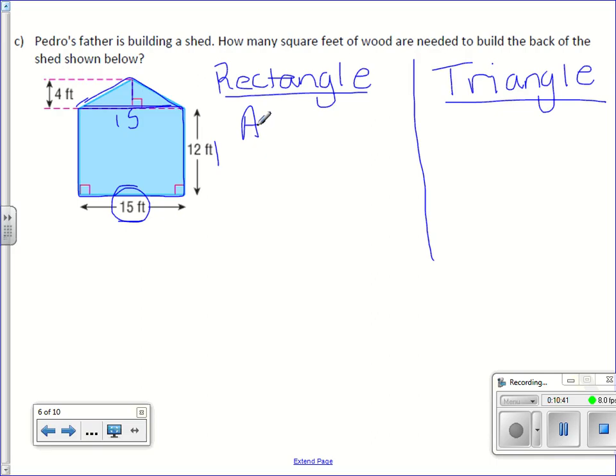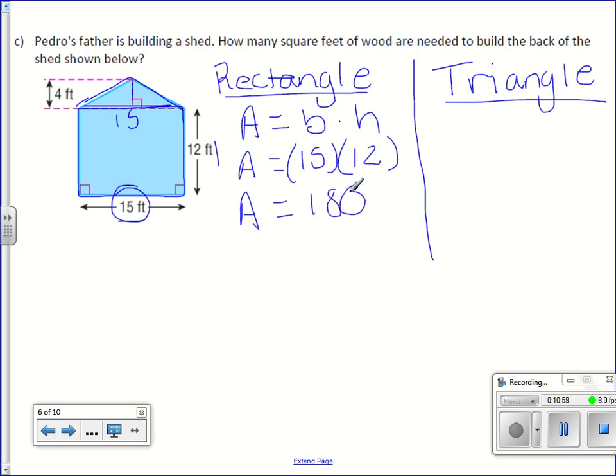Start with the rectangle. Area equals base times height. Area equals base is 15. Height is 12. Multiply those together. You get 180. On our triangle, area equals 1/2 base times height.